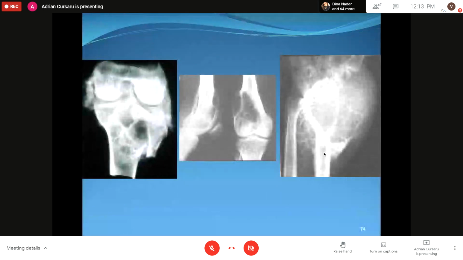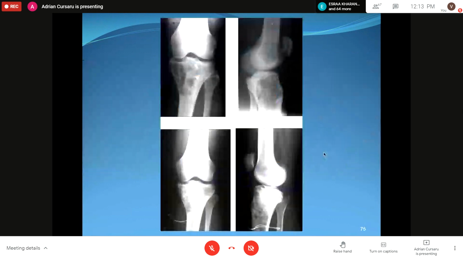That's an example of an aggressive giant cell tumor. That's another example of an inactive giant cell tumor. You can see the preoperative image, the anterior view and the lateral view, and then you can see very well the anterior and lateral views of the knee with bone grafts.